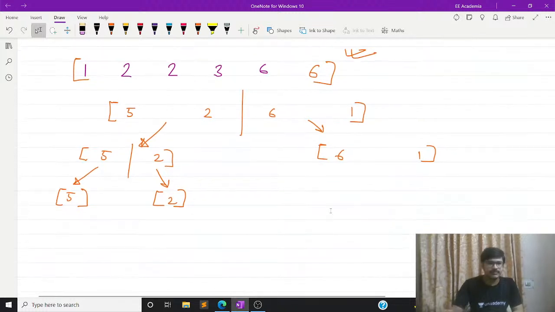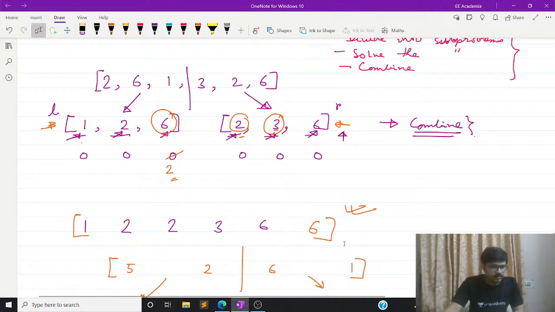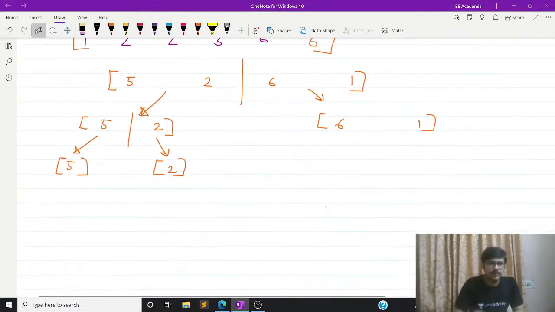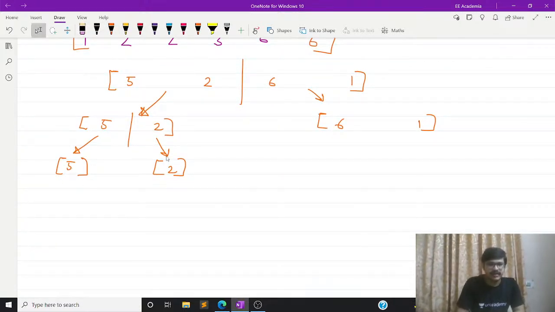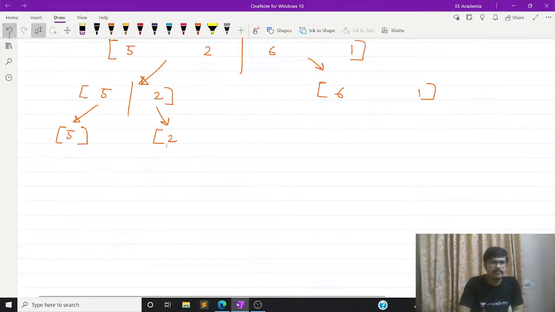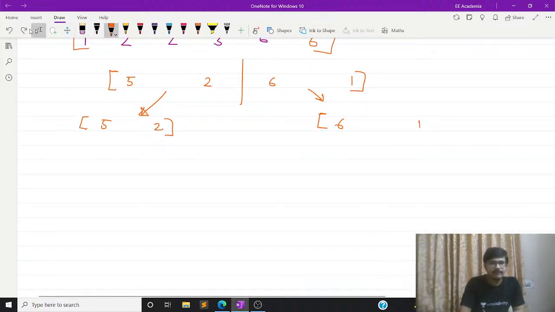Now what I do is I see that in this array, this is just a sorted array. So I have to combine this 5 and 2. Now the combining portion. How do I combine them into a single array?